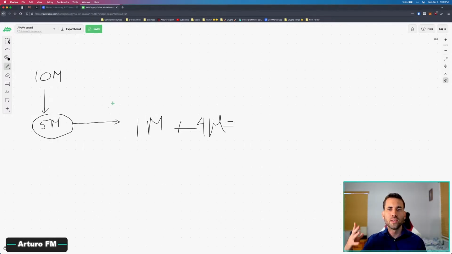All right, so what is market cap? Market capitalization. So market cap is the amount of all the outstanding shares which are in the hands of the investors times the price of the cryptocurrency. So for example, let's say that we own 4 million shares and the price is $2, right?